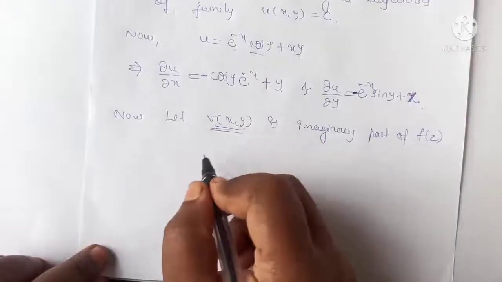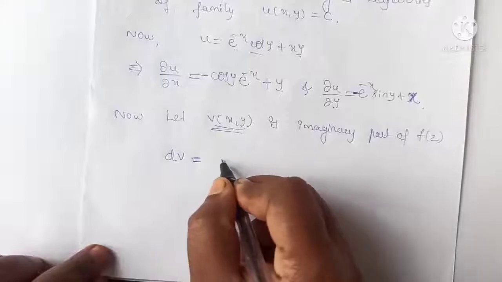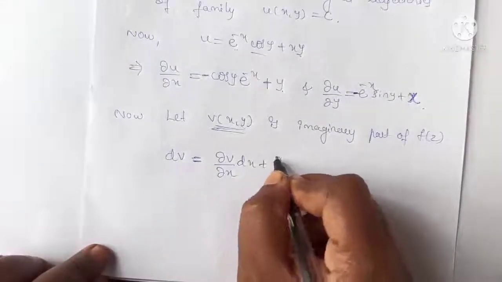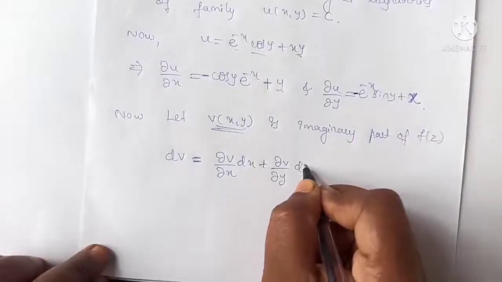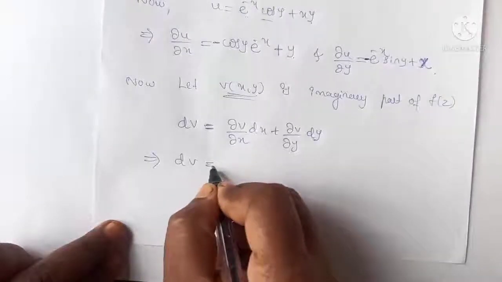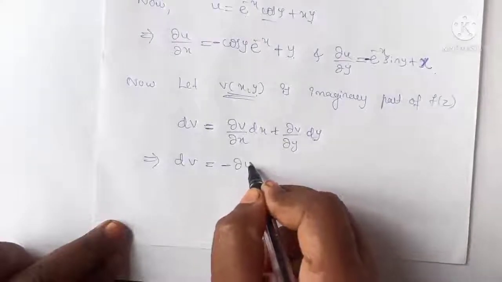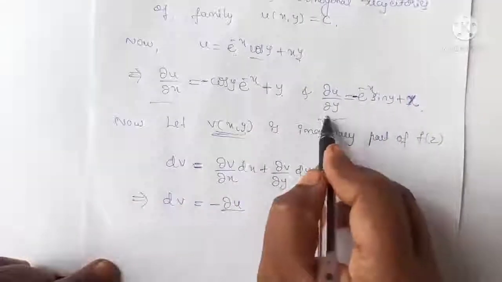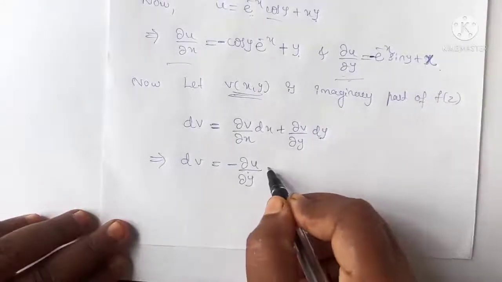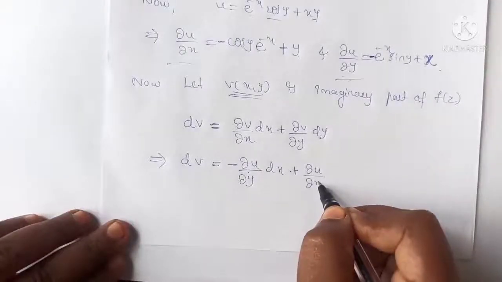So we have the total derivative of v can be written as dv equals ∂v/∂x dx plus ∂v/∂y dy. Okay, then dv equals, ∂v/∂x is replaced in terms of ∂u, because the u derivatives are known. So therefore it is ∂u/∂y dx plus ∂u/∂x dy.